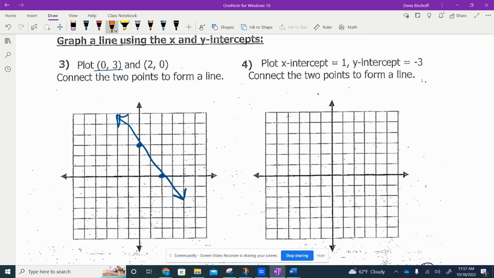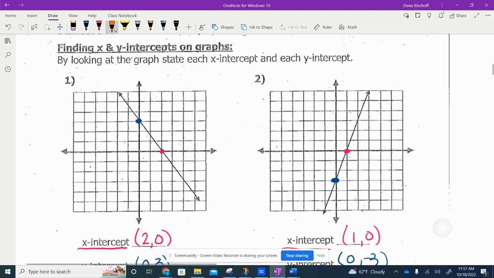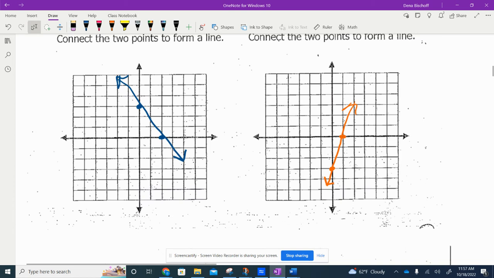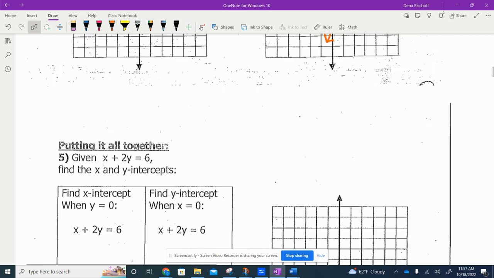We're using our intercepts. This next example, the x-intercept crosses at 1, and the y-intercept crosses at -3. And these are the exact same graphs that we just talked about. So you're just plotting 2 points and connecting them with a line.